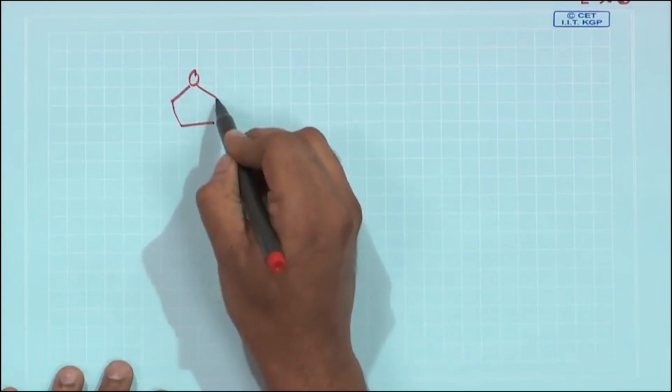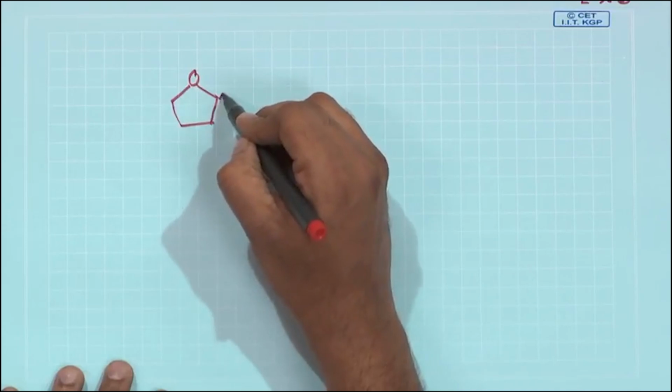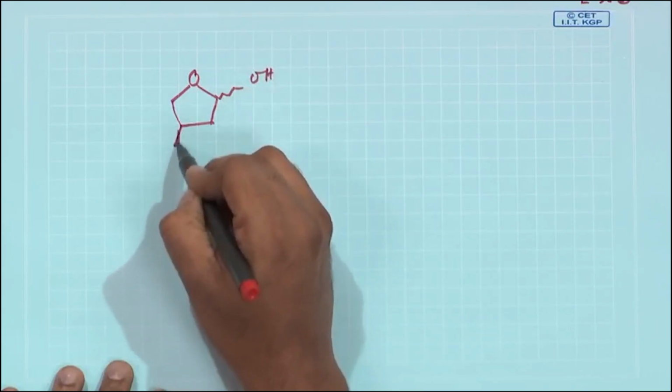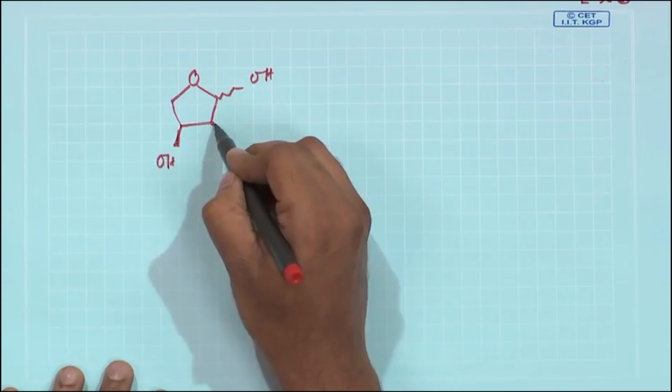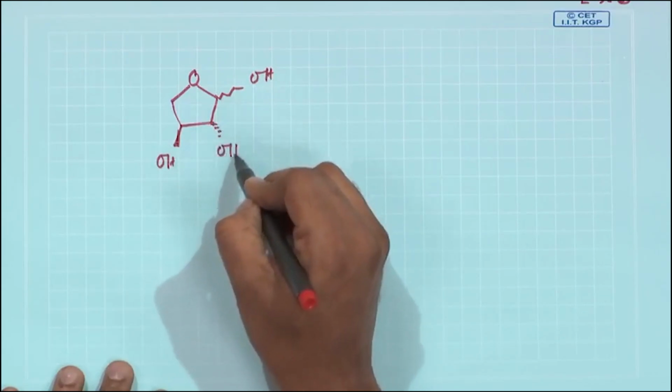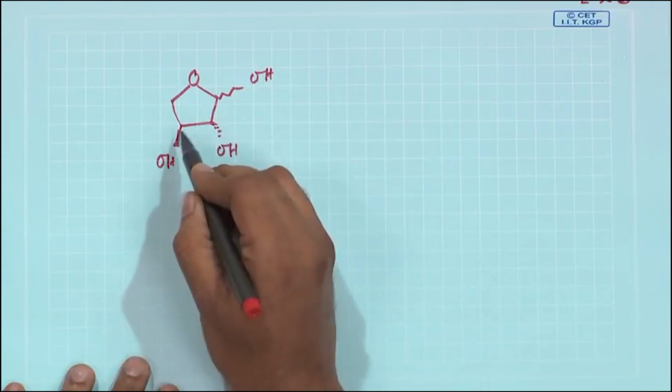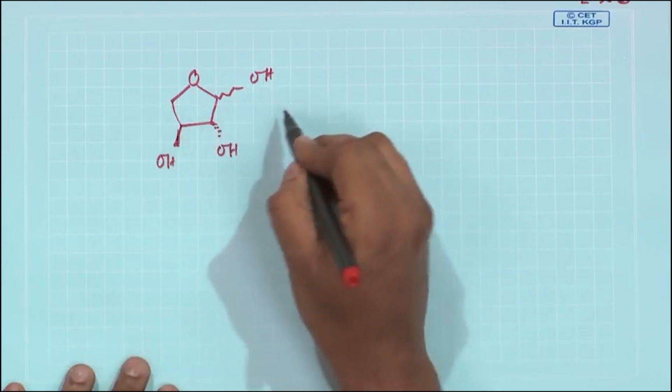The next one will be another problem where we now switch over to carbohydrates. This carbohydrate is a 4-carbon carbohydrate.